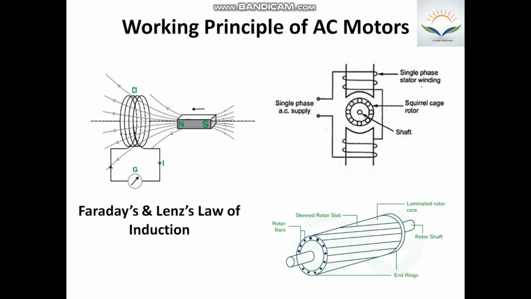The working of the AC motor also follows the principle of Faraday's law. The voltage applied onto the stator will circulate a current in the stator windings of the motor. Due to this, a magnetic flux is generated around the stator windings. This flux in turn gets linked onto the rotor conductors and circulates induced current in the rotor bars.